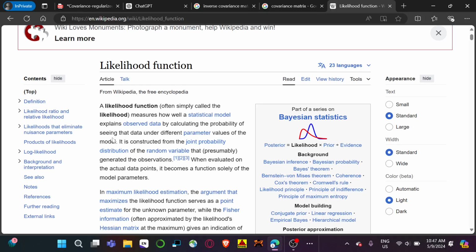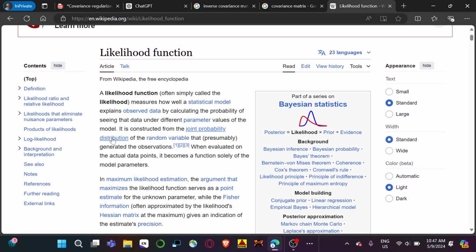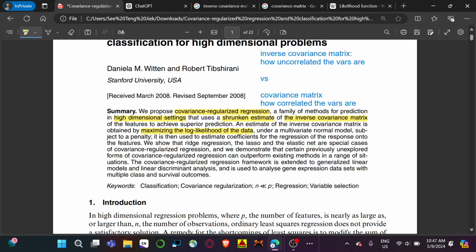So it is basically some sort of an evaluation method to see how well it can predict the observed data.